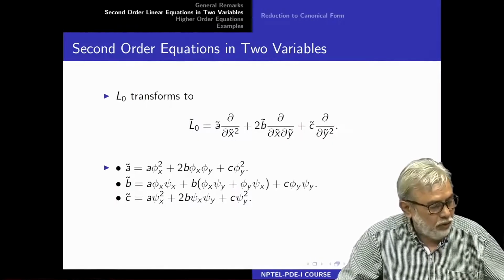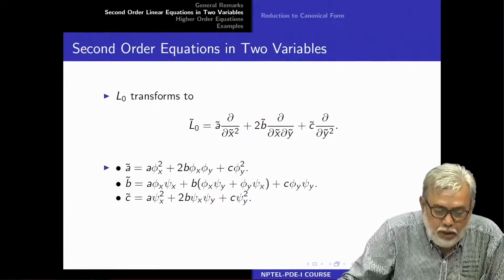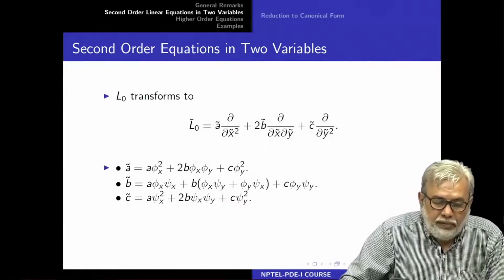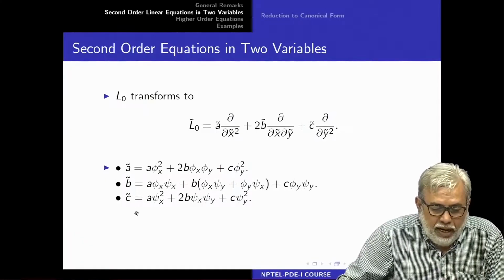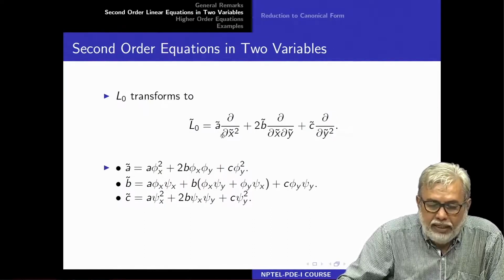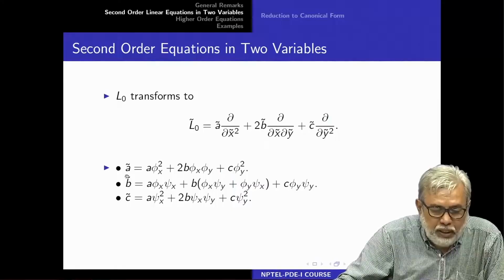Okay. So, again, in case of the general second order equation in n variables, we wrote this transformation, and now we write it explicitly here. Just observe these three quantities.